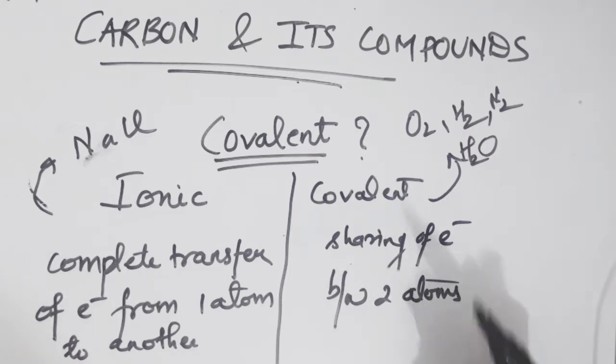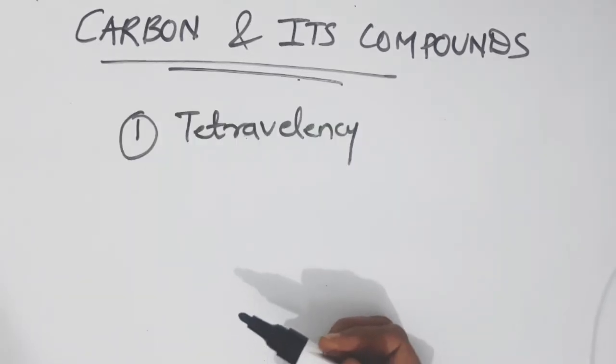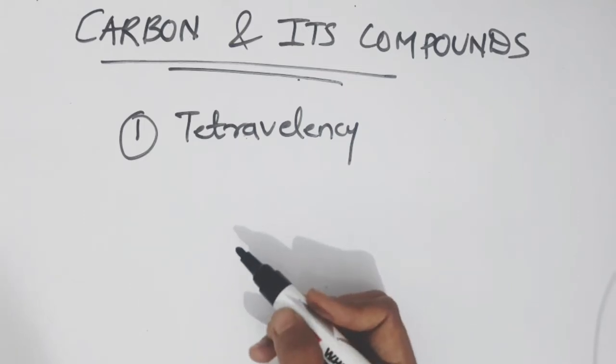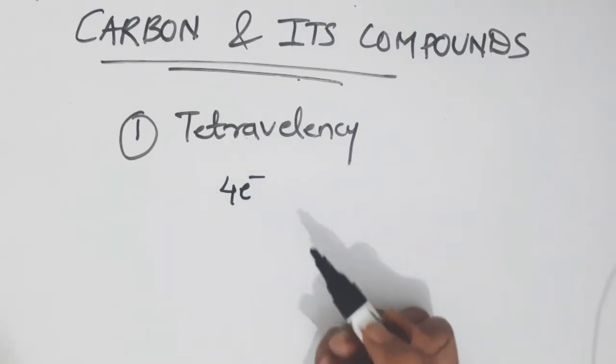To study why carbon forms only covalent compounds, we need to know two basic properties of carbon. The first property that tells us the covalent nature of carbon is tetravalency. We have read before that carbon has 4 electrons in the outermost shell.